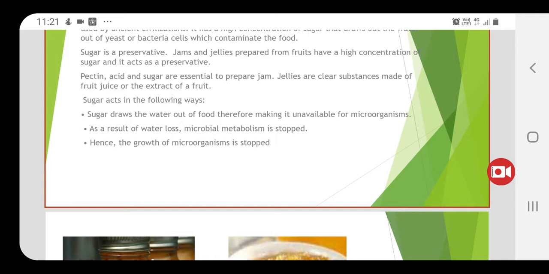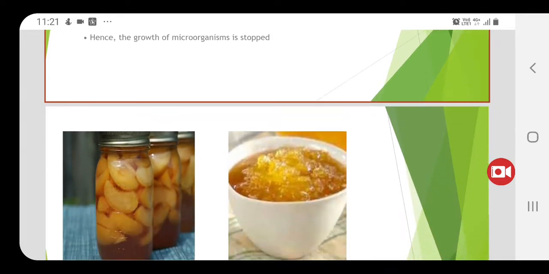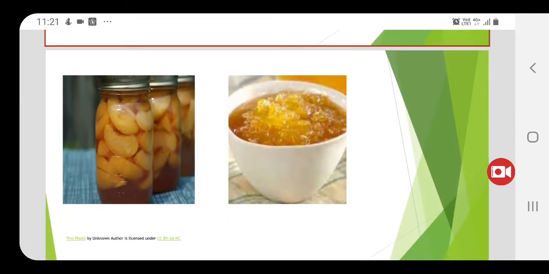It may be 1 month, 2 months, 3 months, up to 6 months. Jams and jellies we can preserve for years together. If we keep them in the refrigerator, we can preserve them still more years. Here you can see some pictures. The fruits are dipped in the sugar solution, and here some jam is prepared.